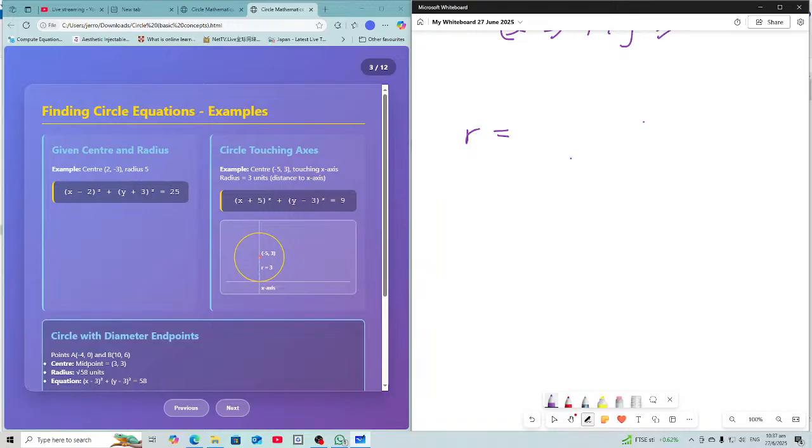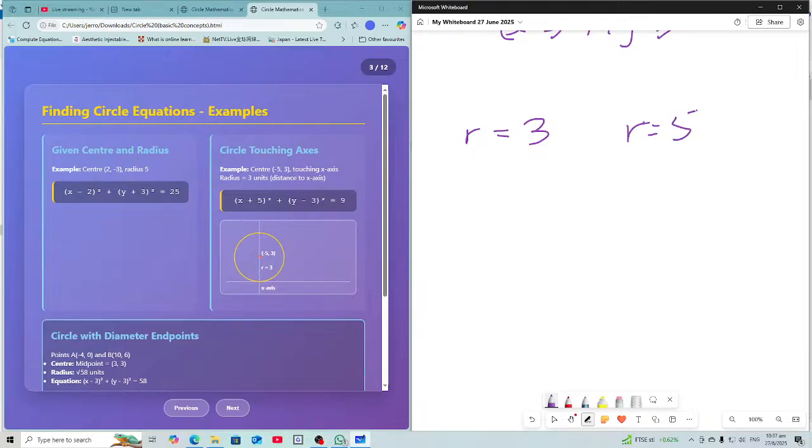We know that it touches the x-axis, so assuming it is on the left side, by default you know that your radius is supposed to be 3. Do take note of that. If it touches the y-axis, we know the radius is going to be 5, depending on what it is.